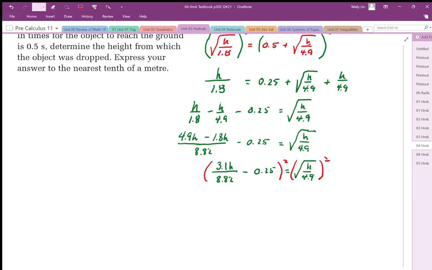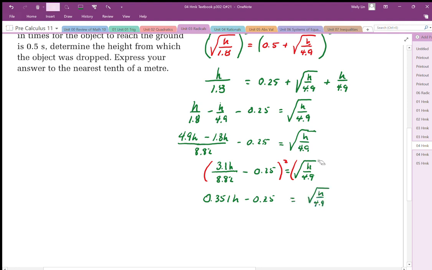So before I square it, I'm going to change this to 0.351h minus 0.25, and that's equal to the square root of h over 4.9.